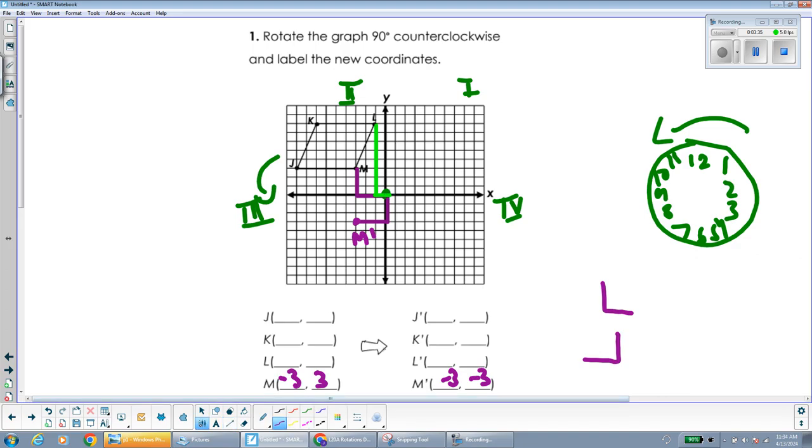And this L shape looks like this. And if I were to rotate it 90 degrees counterclockwise, it would look like this. This is 1, 2, 3, 4, 5, 1, 2, 3, 4, 5, 6, 7, 8, and 1 over. So 1, 1, 2, 3, 4, 5, 6, 7, 8.